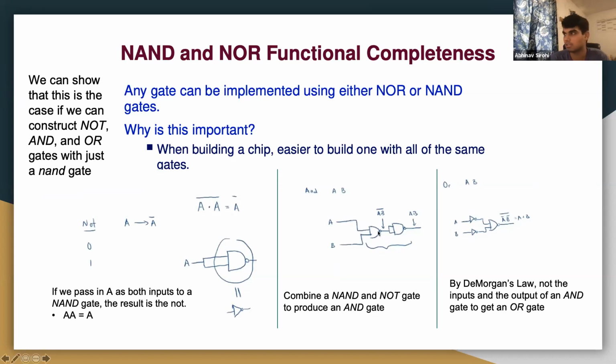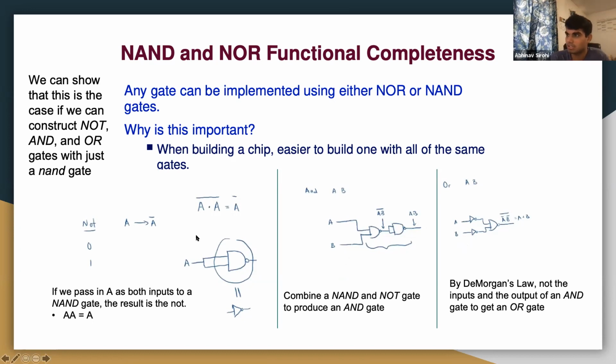So basically what we could do is, we have this part. We take A and B and feed it into this NAND gate here, right? And that just returns the NAND of A and B. Then we take the output of that and pass it in as both inputs into the NAND gate, and that results in the complement of it.